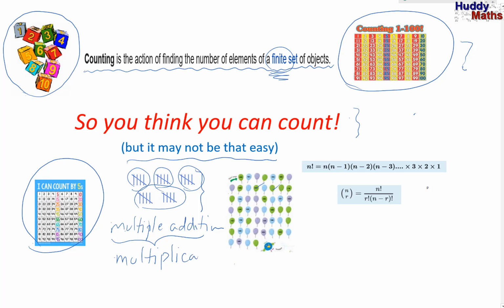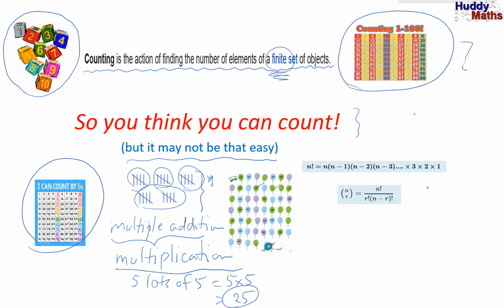Do you realise that when you put these bundles of 5 up here, you've got 5 lots of 5. And that in maths is 5 times 5, multiple addition, is 25. So there's a couple of little tricks there, of bundling the tallies up and then using multiple addition or multiplication.